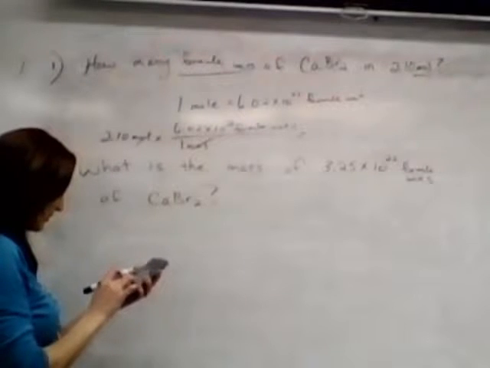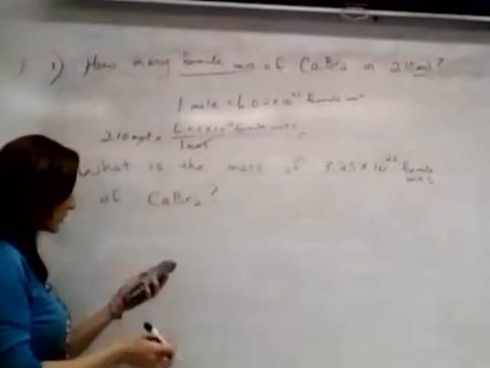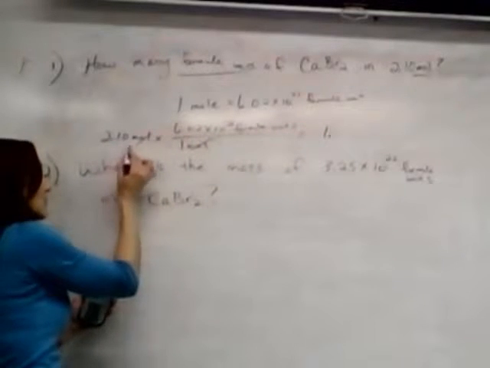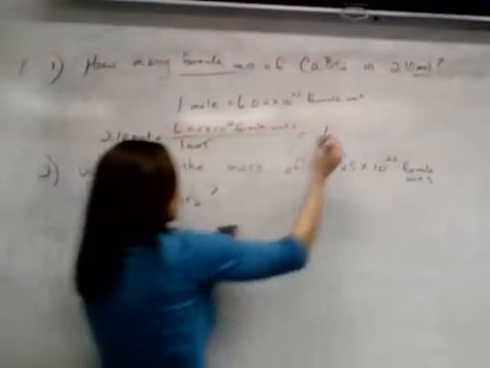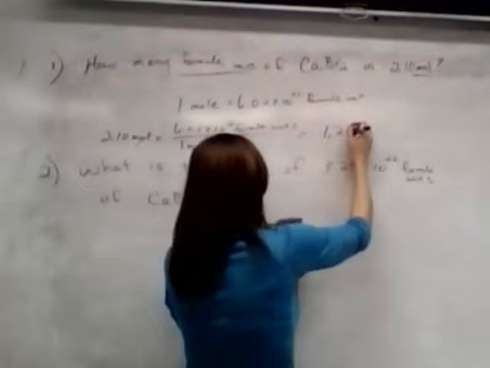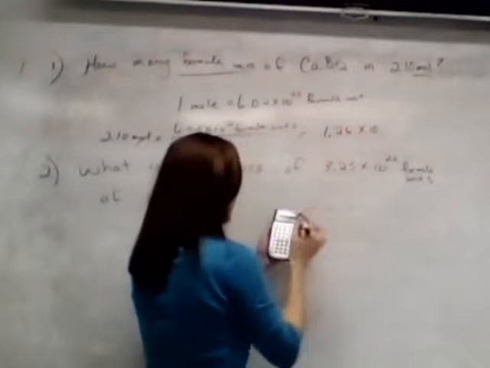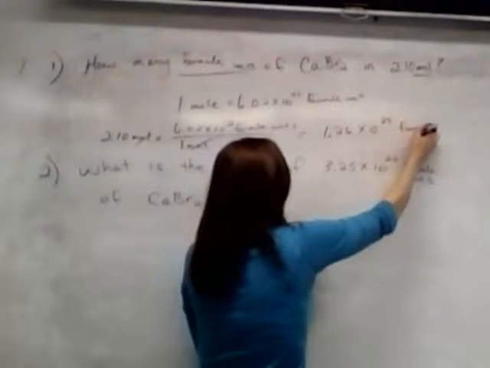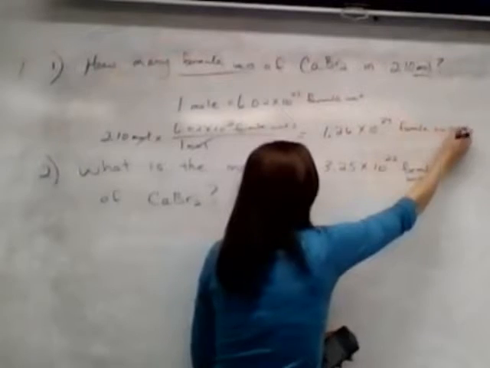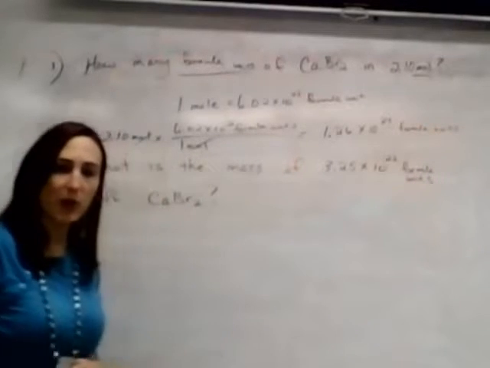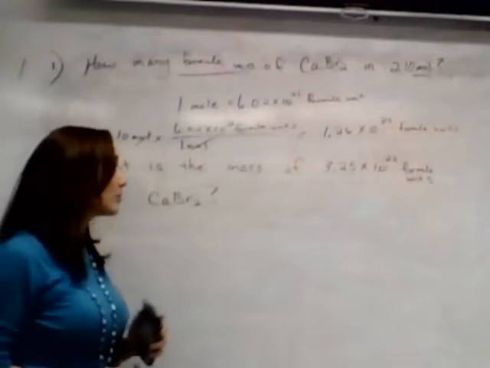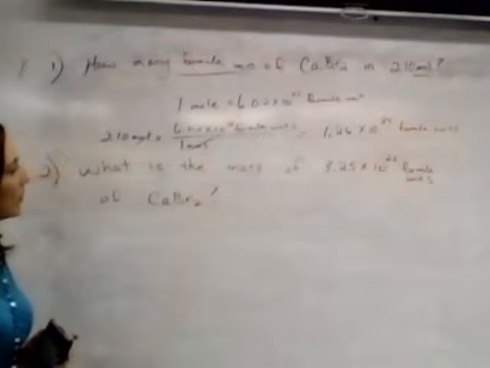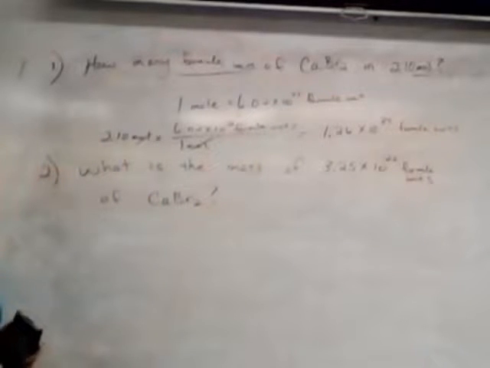You're doing this along, making sure you're putting the numbers in correctly. And this number has 3 significant figures. Remember that the trailing 0 counts when there's a decimal point, so 1.26 would be 3 digits. If you get the numbers off your calculator, that's a 24. The unit is formula units. Just because it's a weird, awkward, long word doesn't mean it's not a unit, or that you don't need to put it there. So that's 1.26 times 10 to the 24th formula units.